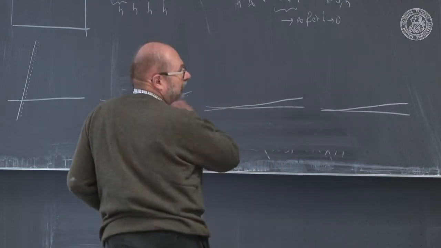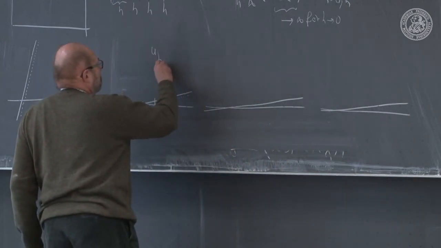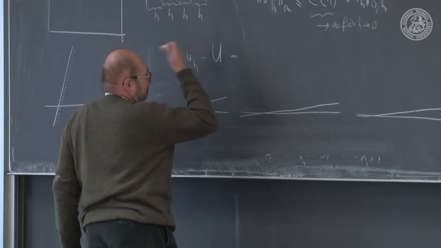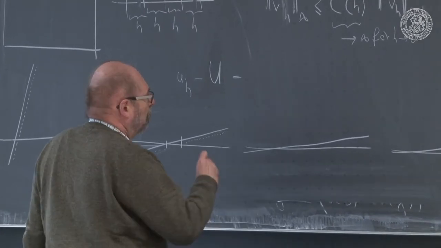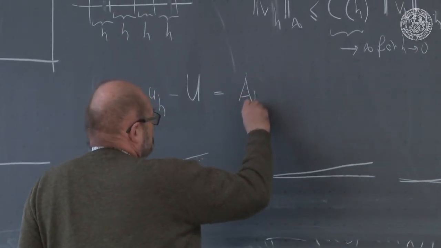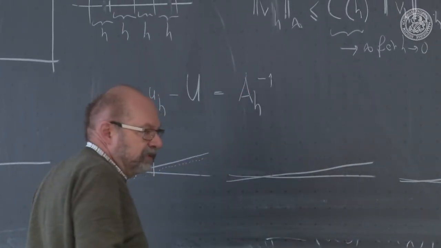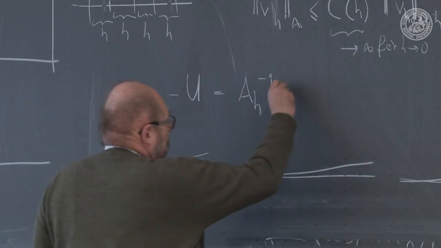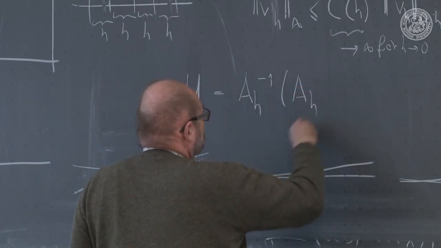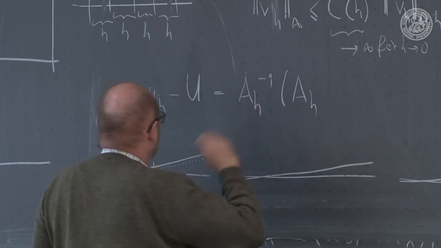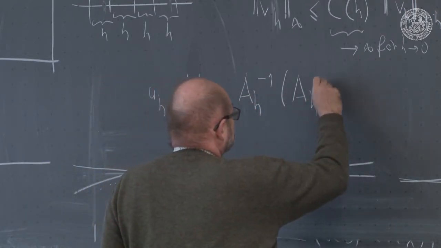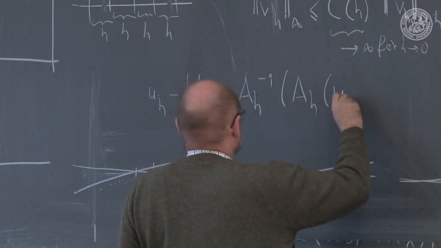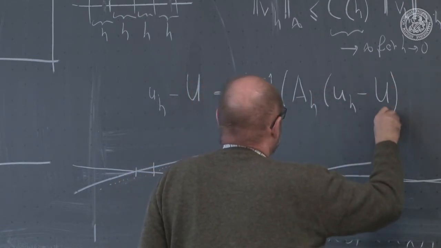Maybe I write this here again: U_h minus capital U. I can write this with the corresponding matrix of the set of equations, assuming that this matrix is non-singular. As we have seen, I can put this in and take it out, so I can write it in this form.